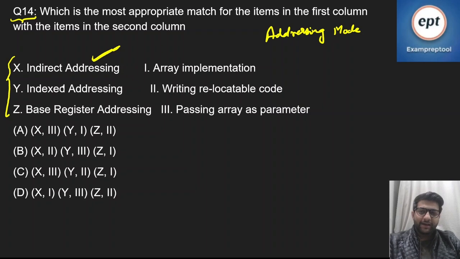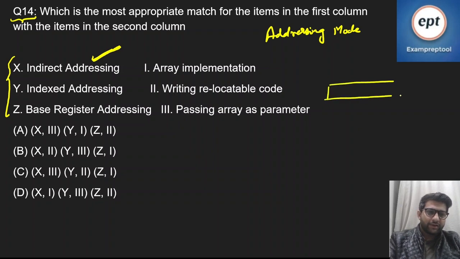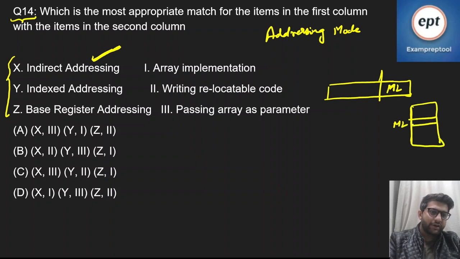And I explained that indirect addressing mode cannot support writing relocatable code because the memory location is stored in the instruction and that particular memory location stores another memory location which stores the operand value. Now, if we relocate this code, then we will have to recompile it because the memory location would have changed.